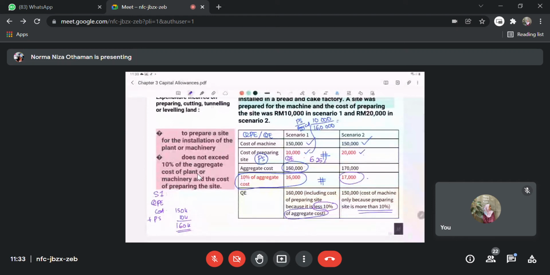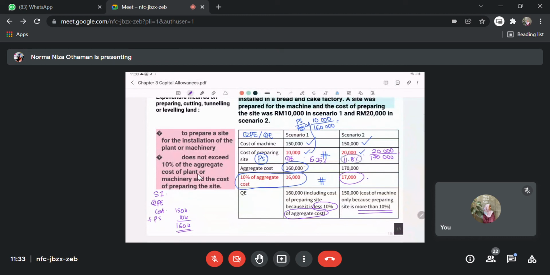Okay. So you boleh pakai cara ni ataupun you carilah berapa persen, 20,000 daripada total aggregate cost 170,000, kita convert terus dia dalam persen lah. Okay, 20 divide by 170 times 100, you dapat 11.8%. So 11.8% ni menunjukkan dia more than 10%.